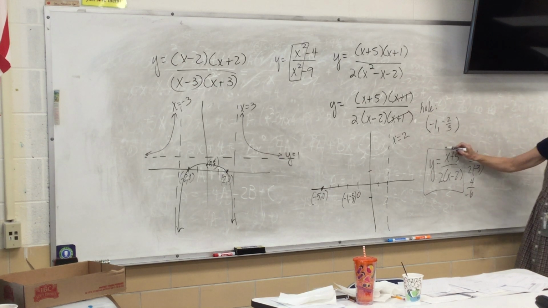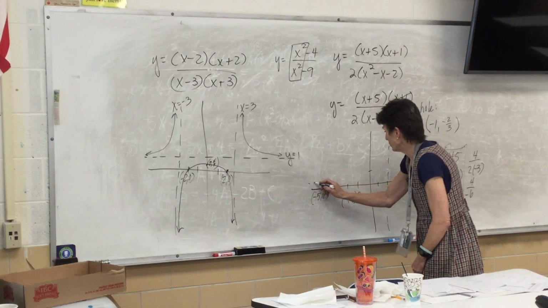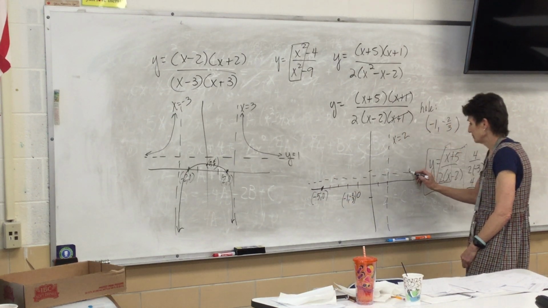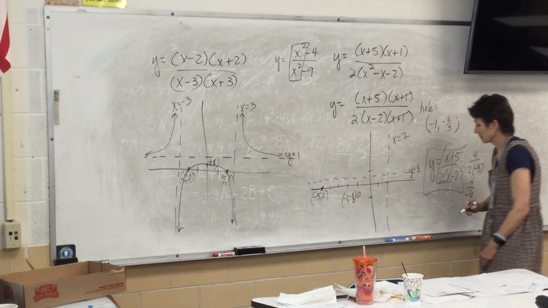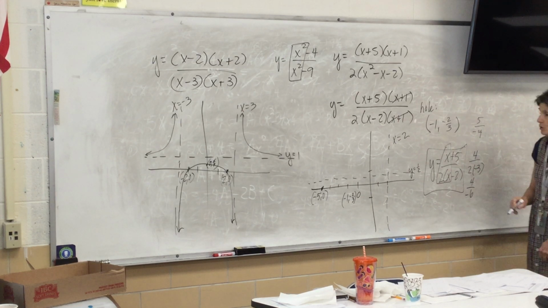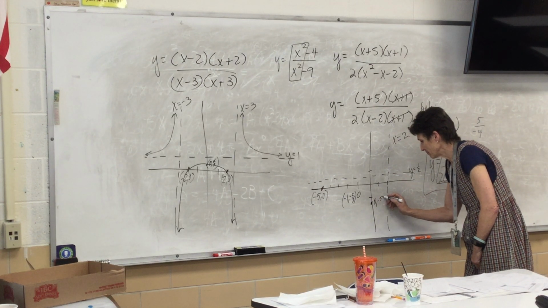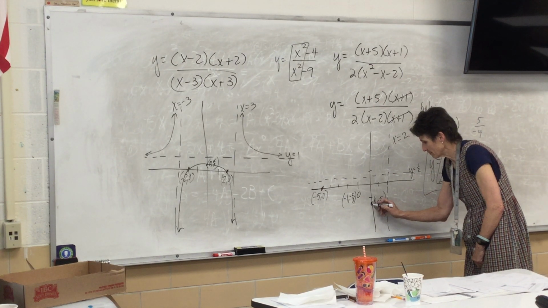And I can see that if I compare my x's, I have x over 2x. So my horizontal asymptote is at 1/2. And if I put in 0 for x, I would have 5 over -4. So my y-intercept is 0, comma, -5/4.